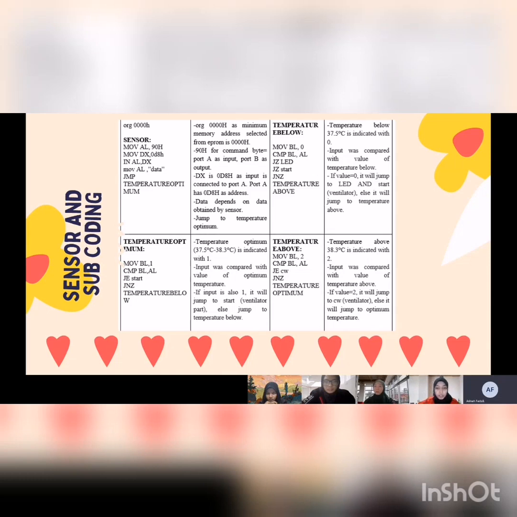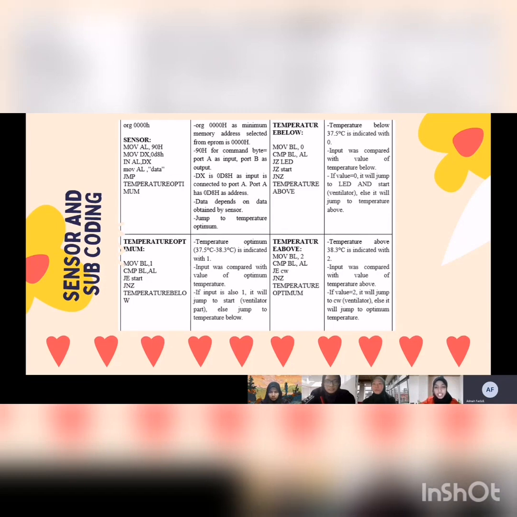At temperature optimum, the value of the sensor will be compared to the value of the range. If it is 1, which is the temperature optimum, it will perform the action of temperature optimum. However, if it doesn't, it will jump to temperature below. At temperature below, we have indicated 37.5 and below as 0.